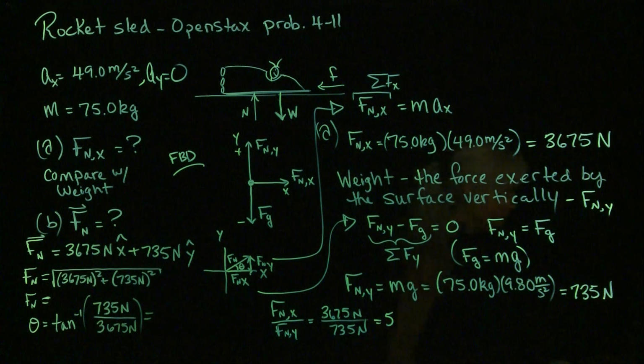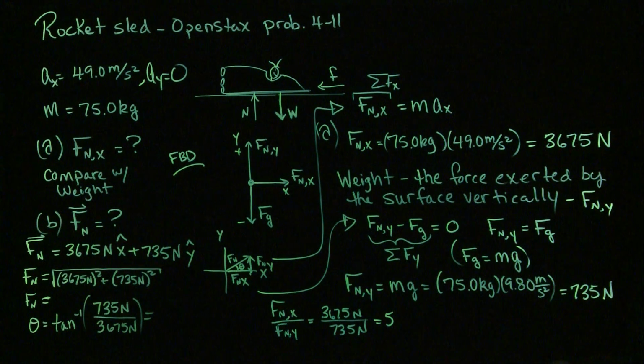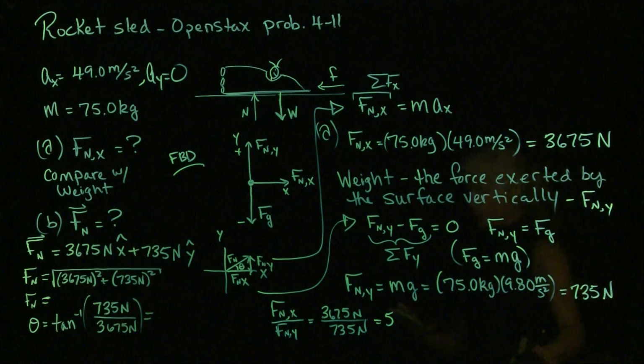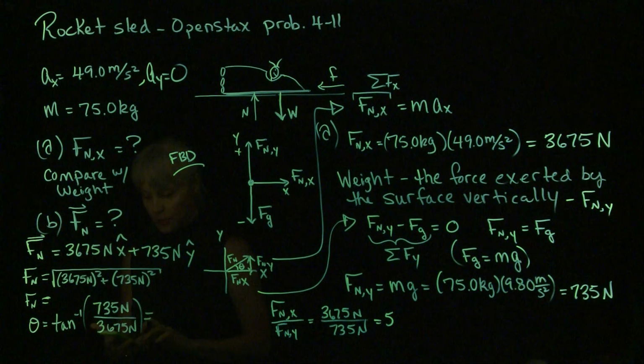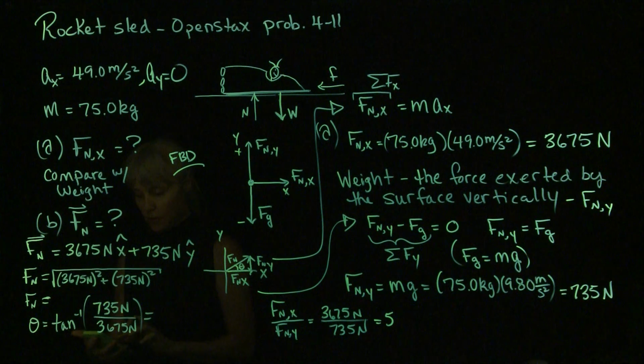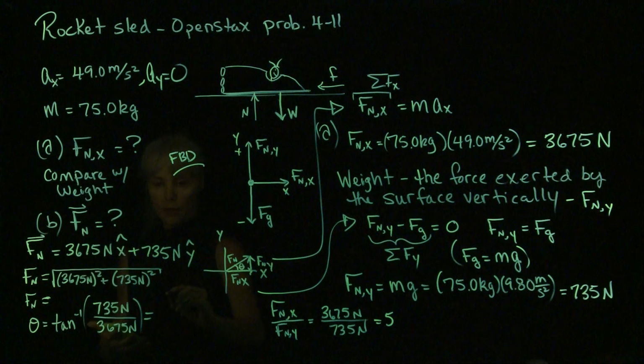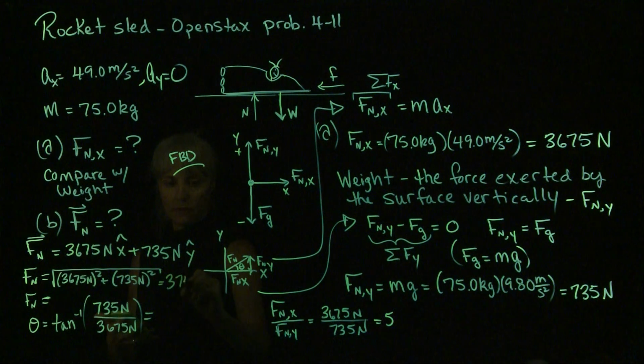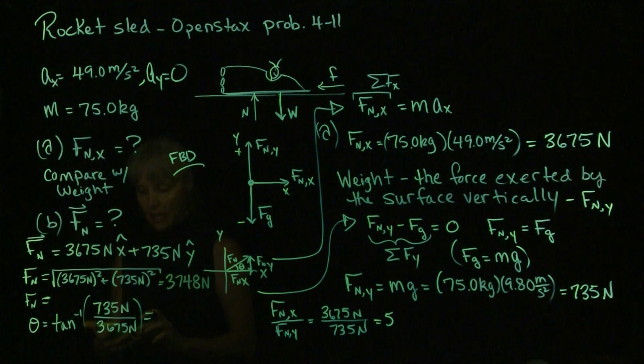So let me grab my calculator, and let's see what we get for these magnitudes. So we have 3675 squared plus 735 squared equals square root. So this is 3748 newtons.